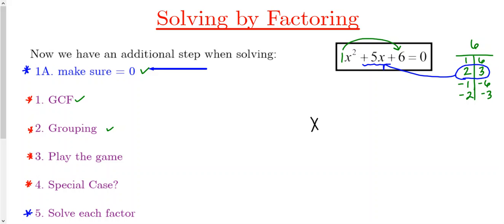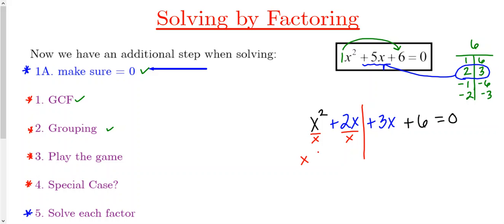All right, so I have x squared plus 2x plus 3x, and then plus 6 at the end, still equals 0. Now I've created my 4 terms, so I can group. I'm going to split this in half, find the GCF of the first 2, which is x.